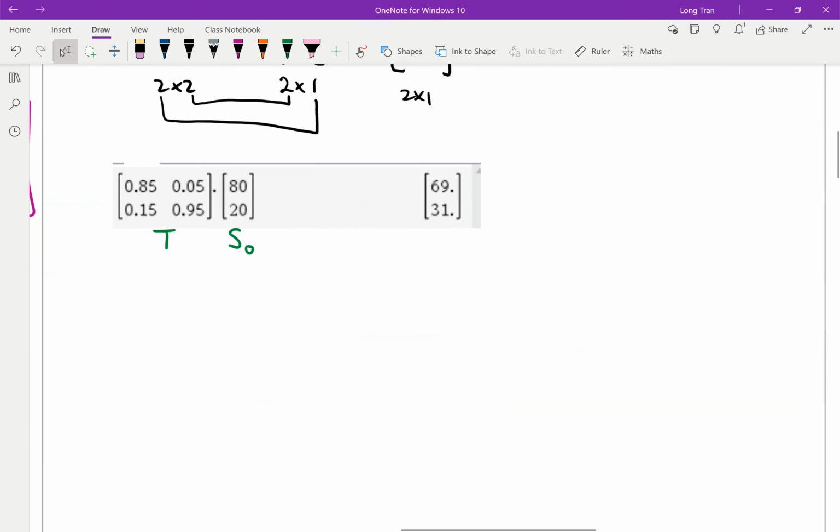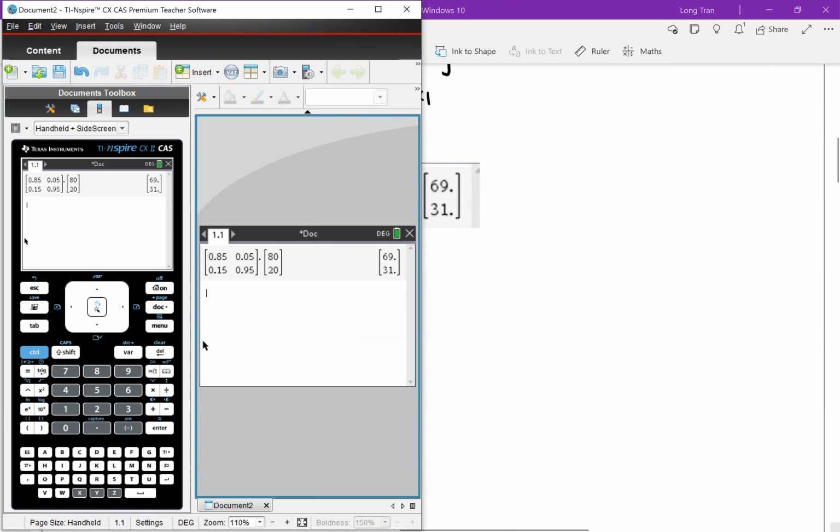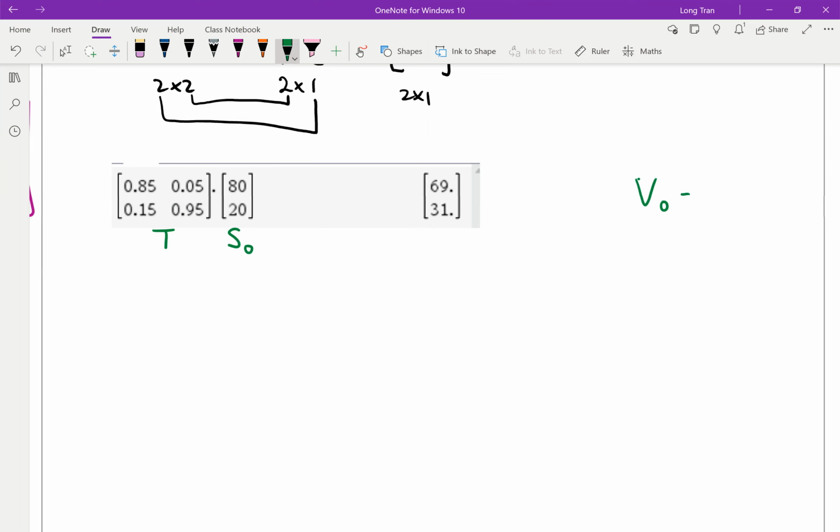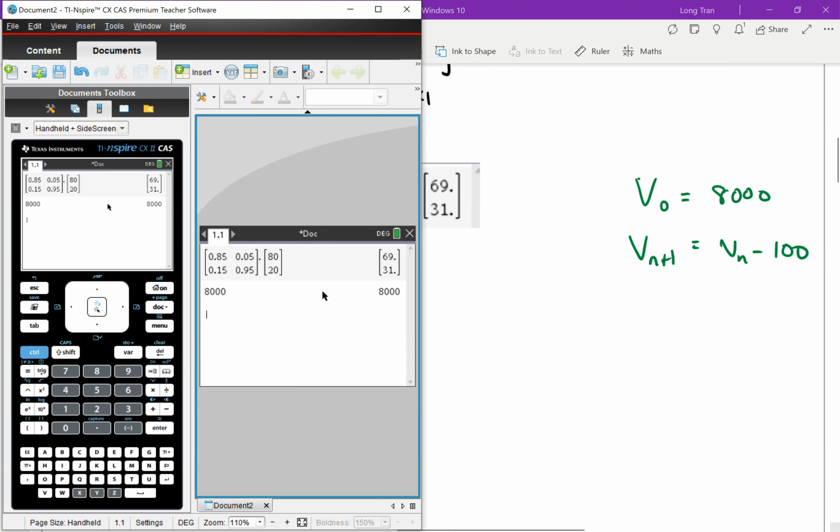You see, what we used to do was something like, say, if I did 8,000, right? And then the recurrence model could be, remember, we did something like V0 is equal to, say, 8,000, and then Vn plus 1, I might say Vn minus 100, right? Then to repeat that recurrence, you would then say minus 100, and you just press enter, enter, enter.